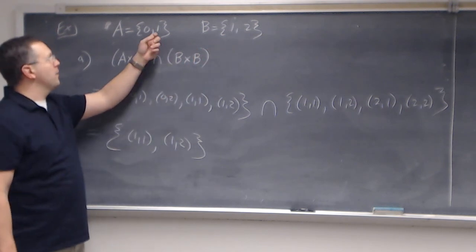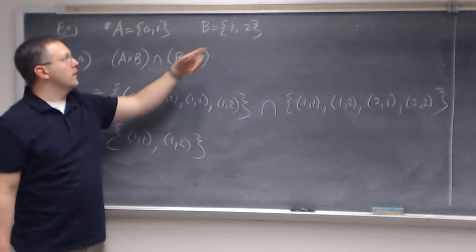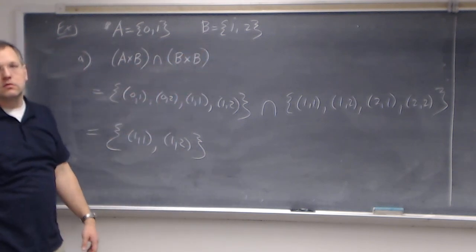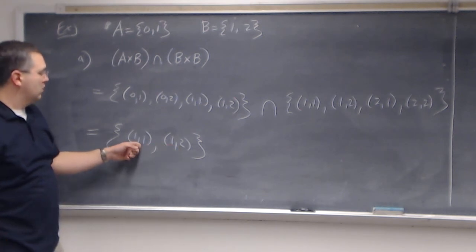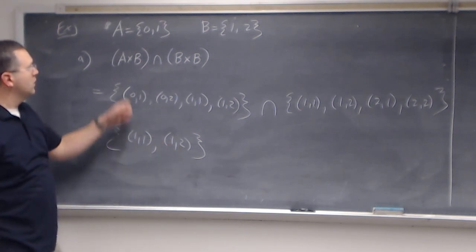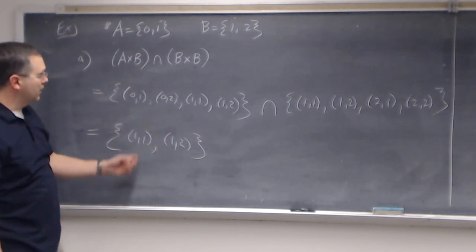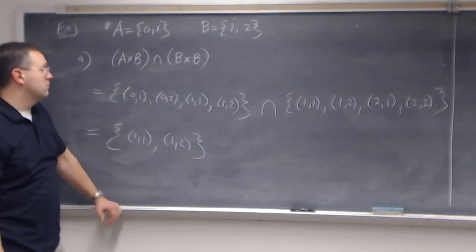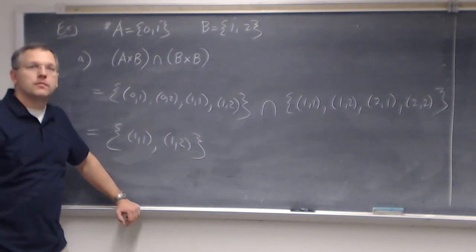So you think about how can I make a point in A cross B that only has 1s and 2s? The first coordinates have to come from A, and the second coordinates have to come from B, and you can only use 1 or 2. I mean, by the time you start thinking about it, just write them all out.